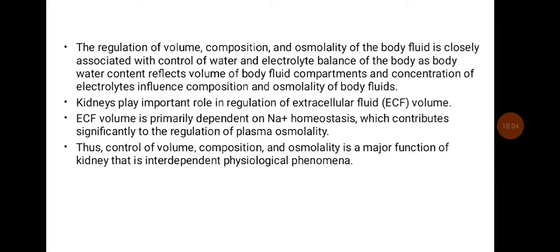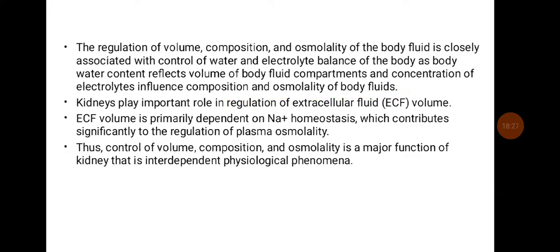The regulation of volume, composition, and osmolality of the body fluid is closely associated with the control of water and electrolyte balance of the body, as body water content reflects the volume of the body fluid compartments, and the concentration of electrolytes influences composition and osmolality of the body fluids.